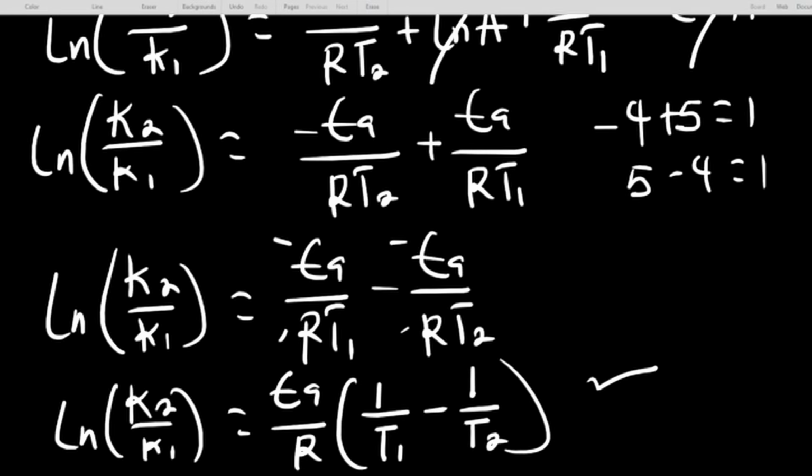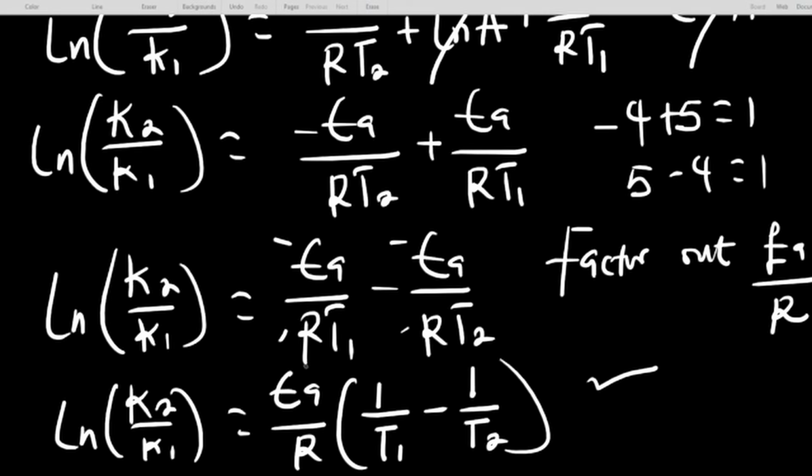So this is the Arrhenius equation, the equation used for calculating the activation energy of a chemical reaction at two different temperatures. So when you get to this final stage, you can simply factor out EA over R. If you factor that out, you're going to have 1 over T1 minus 1 over T2 remaining.